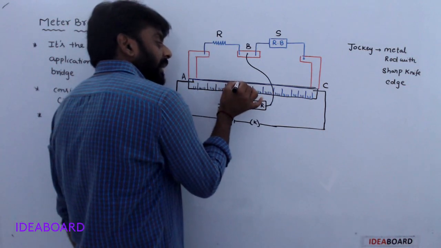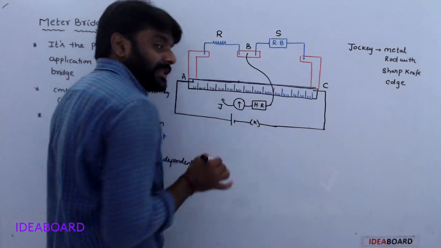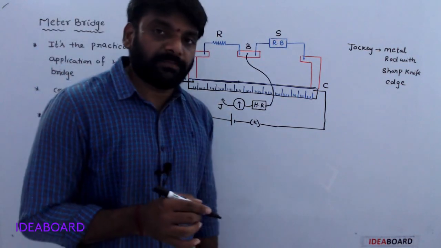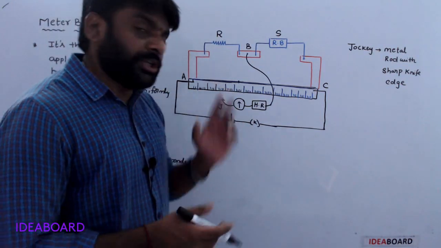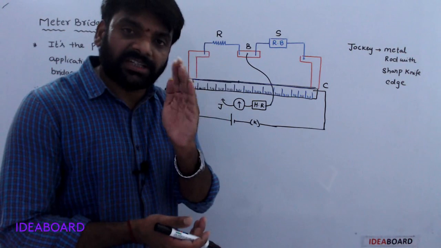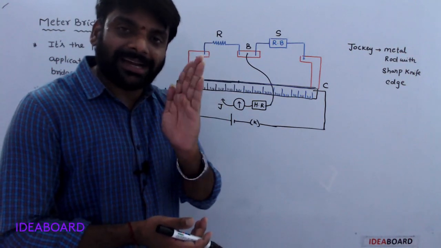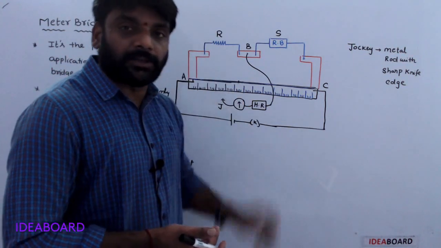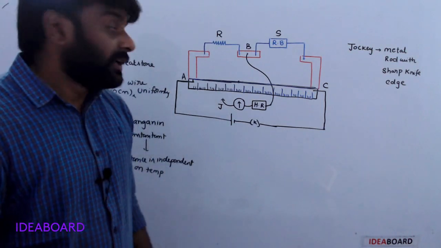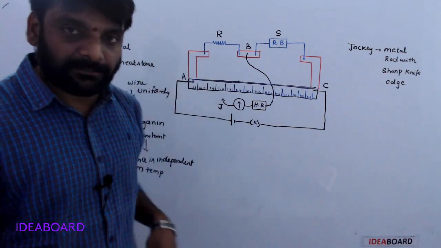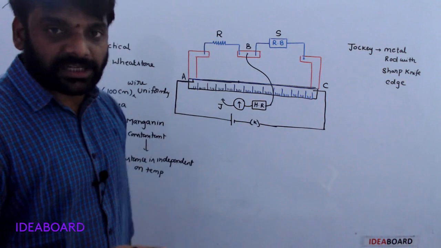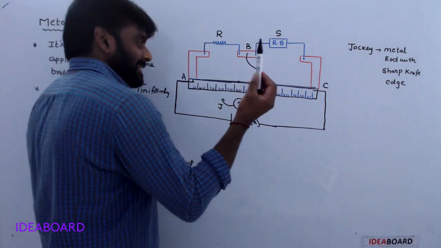At a certain point, it shows zero deflection, meaning there is no deflection in the galvanometer. Exactly, the needle lies at zero. That is the balancing condition.